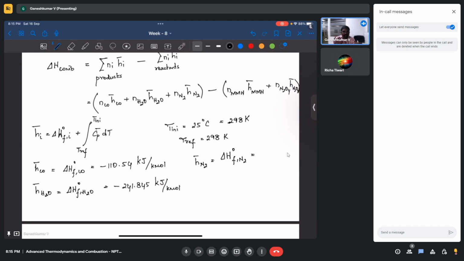Let's say for water, if it's liquid water, liquid water is not a separate element, it is a compound. But if you take oxygen gas, oxygen appears as a gas in its natural state, so its formation enthalpy is zero. Similarly, formation enthalpy of N2 is also zero.